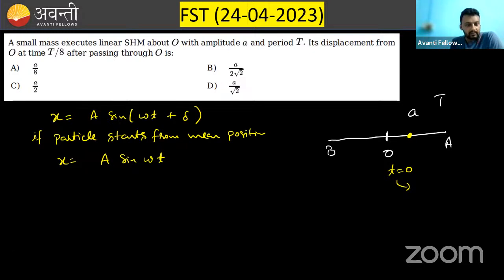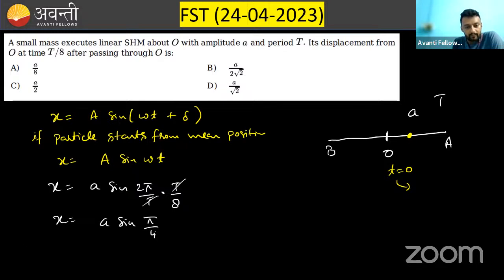Now I know the equation. Displacement is asked. Amplitude is given as A. Sin omega t, omega is what? 2 pi over capital T, into time given as T by 8. T and T will be cancelled. So x will be A sin pi by 4. 2 and 8 will be cancelled.